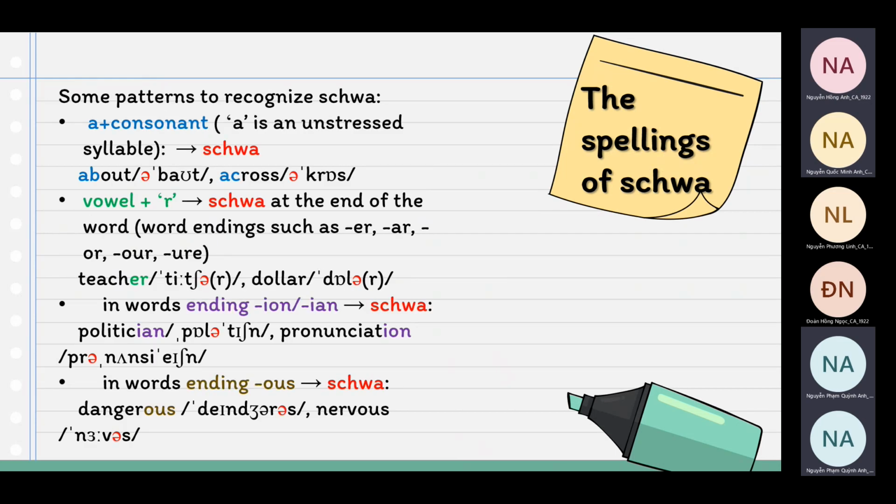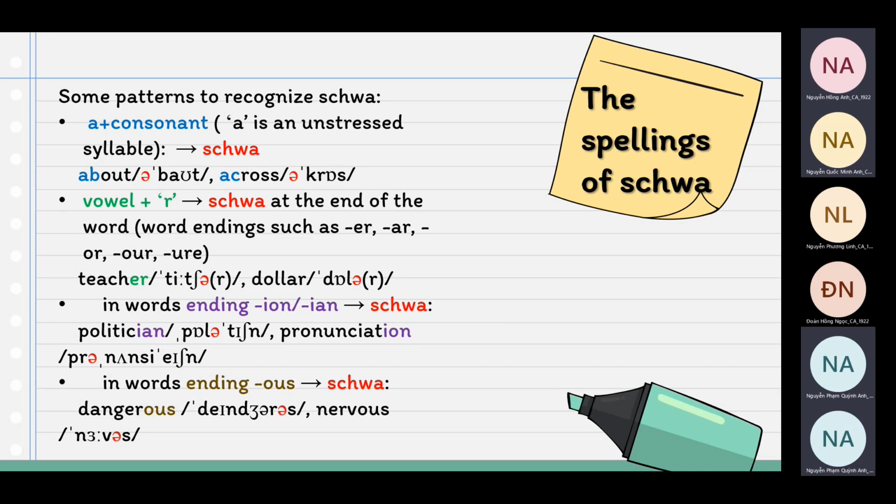And these are some other patterns for you to recognize the schwa. The first one is if a word begins with the letter A plus a consonant, the A is often pronounced as a schwa. For example, about, across. Or the vowel with the R. There's also the schwa at the end of the word. For example, word endings such as ER, AR, OR, OUR, or URE.